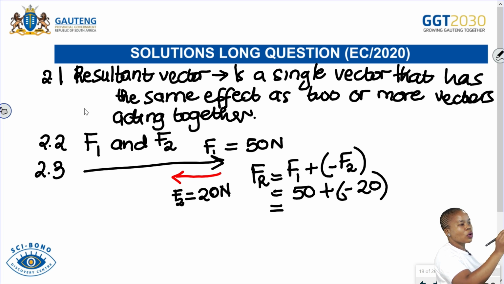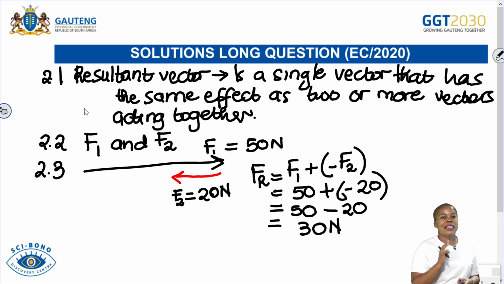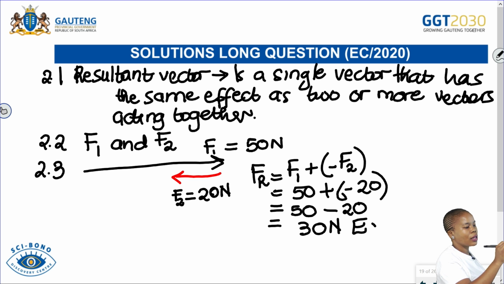So that is 50 minus 20, and therefore it's going to be 30 newtons. And because we had taken the easterly direction to be positive, it's going to be in the east.